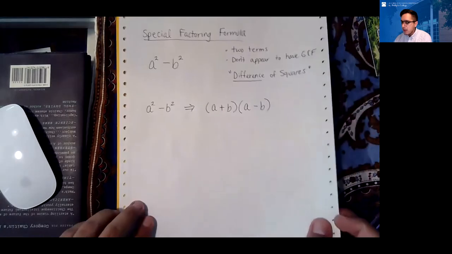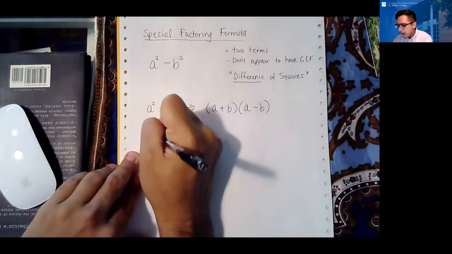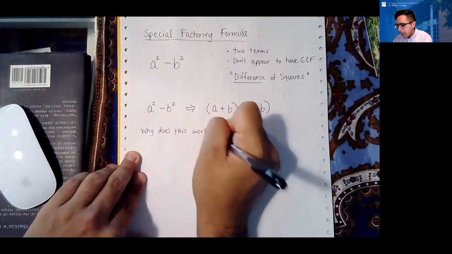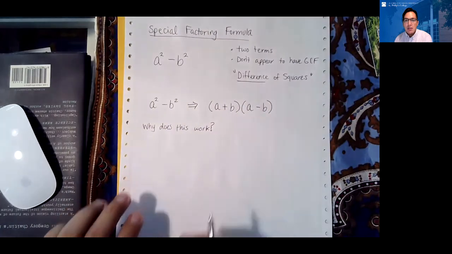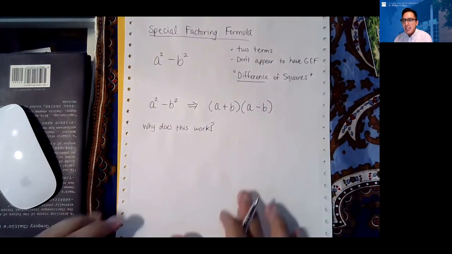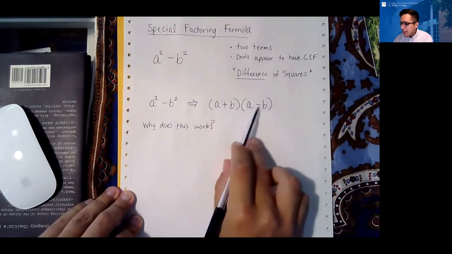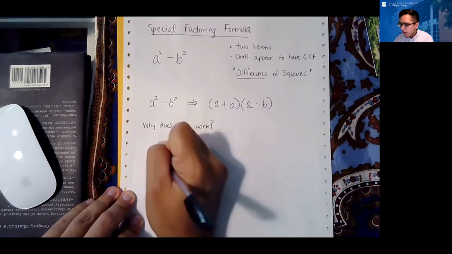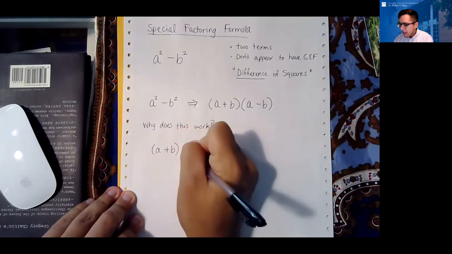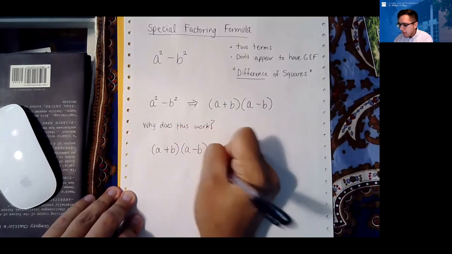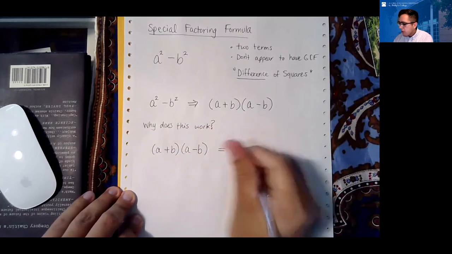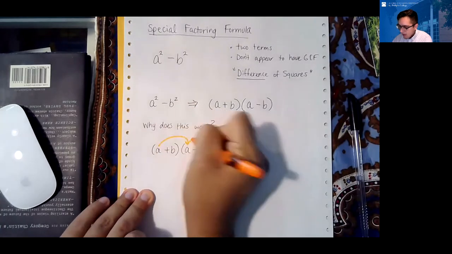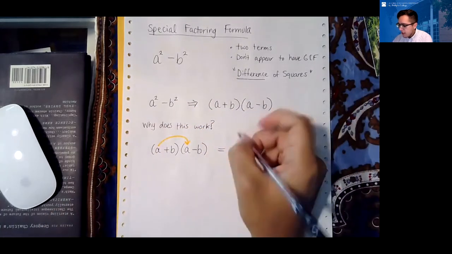You might ask yourself, why does this work? And in order to answer that question, you have to run through the multiplication. So if I was going to start with this part of the problem and FOIL it out, a plus b times a minus b, then what we would get is a times a, which would give us a squared.